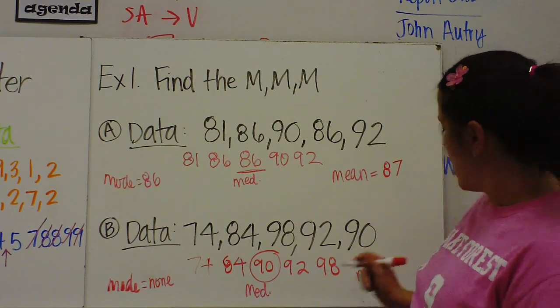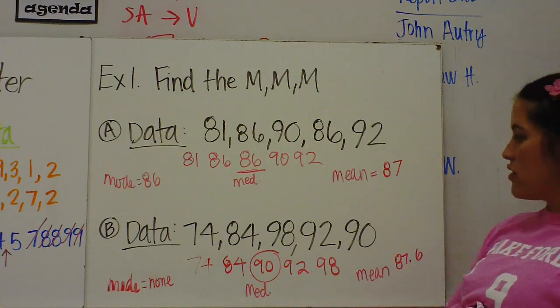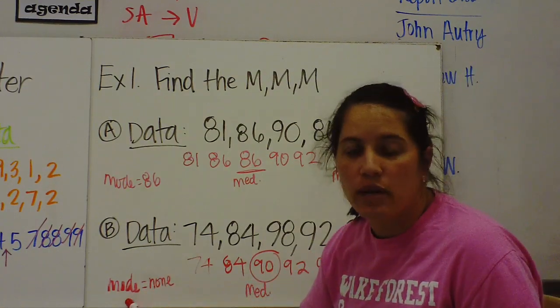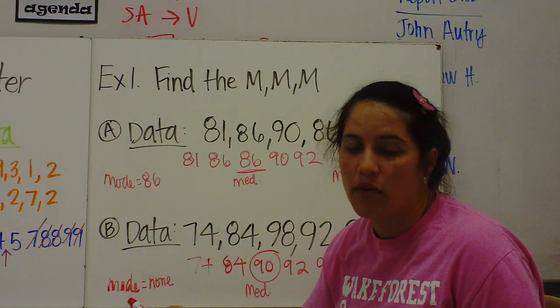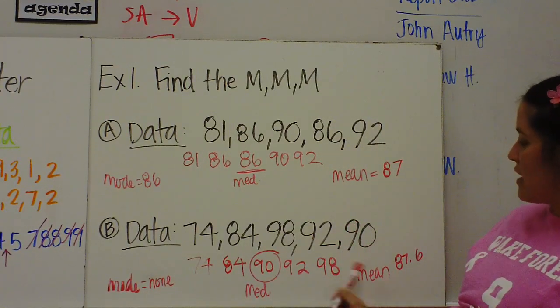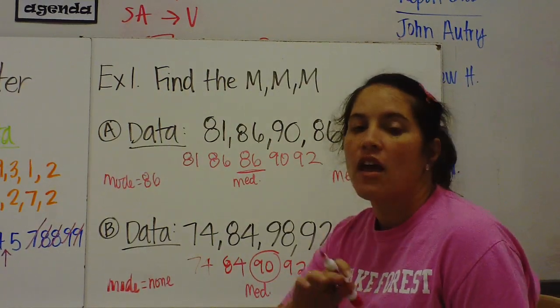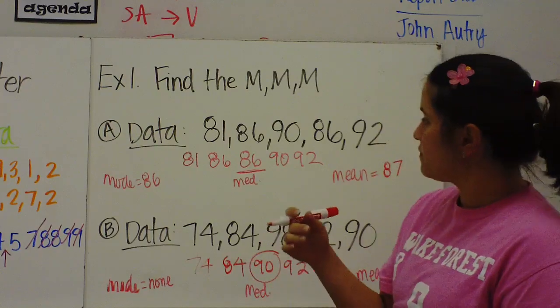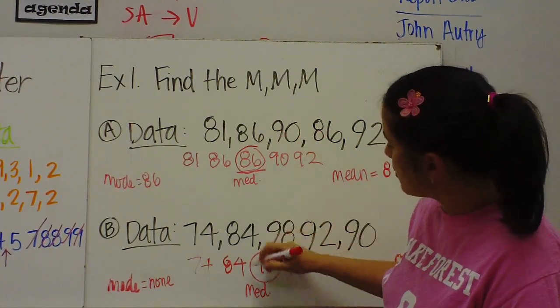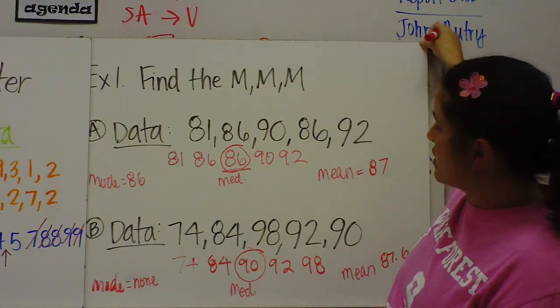Divide by 5, and we get 87.6. So there is no mode because none of the numbers repeat. There's no number that occurs the most. The median is 90, and the mean is 87.6. So that describes the center of the data. All right, so remember 86 and remember 90 because we're going to use those again.